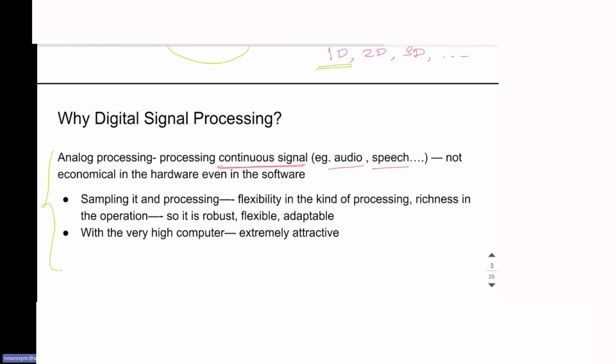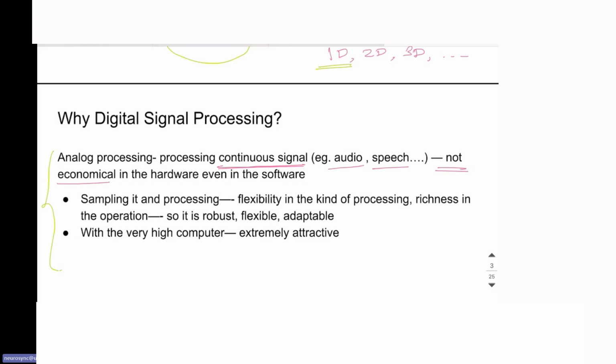So basically analog signal processing is not economical, when we talk about the hardware and even the software. Therefore, most of the time we use digital signal processing. This is the drawback of analog signal processing.